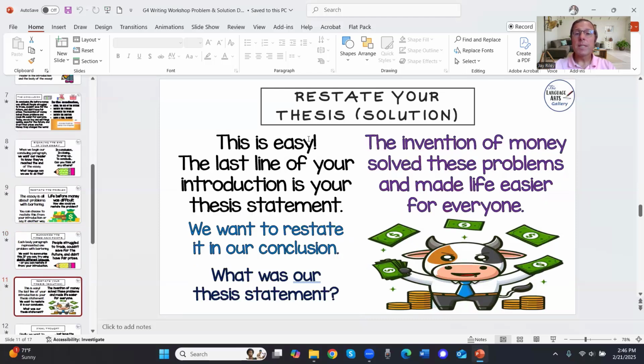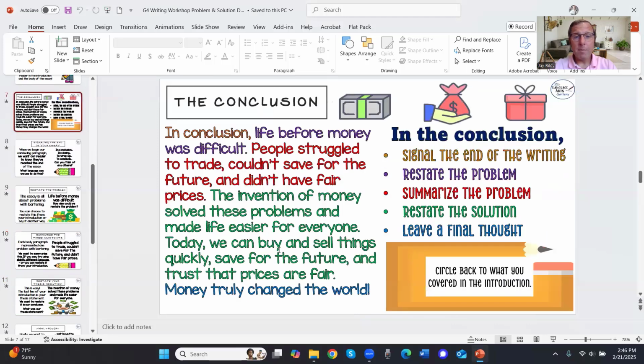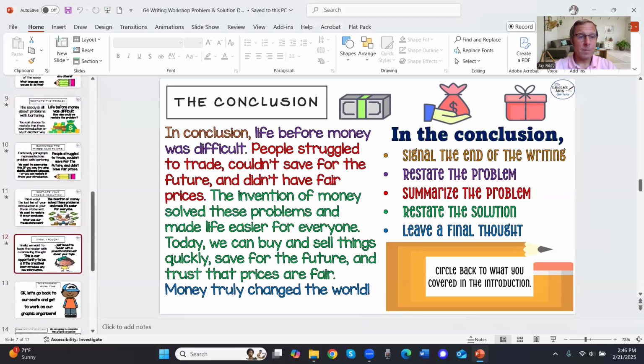And finally, we want to restate our thesis, which is our solution, which is that money solved these problems. And if you go back to the mentor text, I gave a little bit more detail. I told how it solved the problems. We can buy and sell things quickly, we save for the future, and we trust that prices are fair.